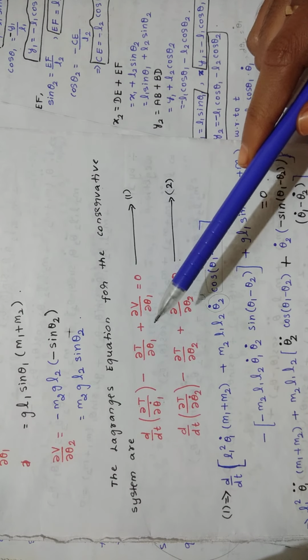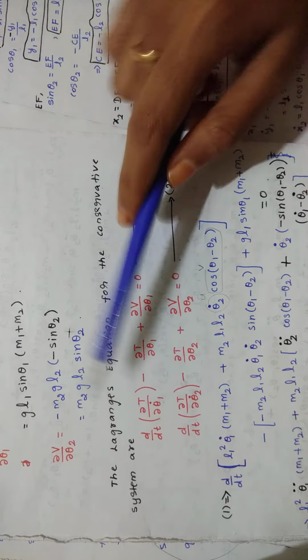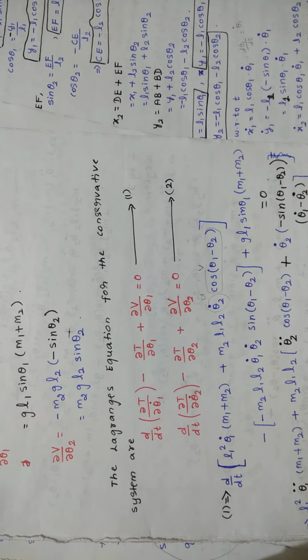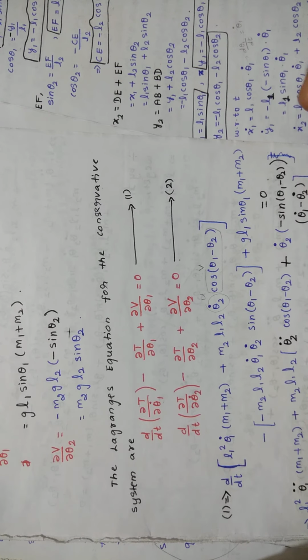That is the only need of finding all these things. You found all these in the previous steps, so you know the values now, so just substitute those values in this equation.